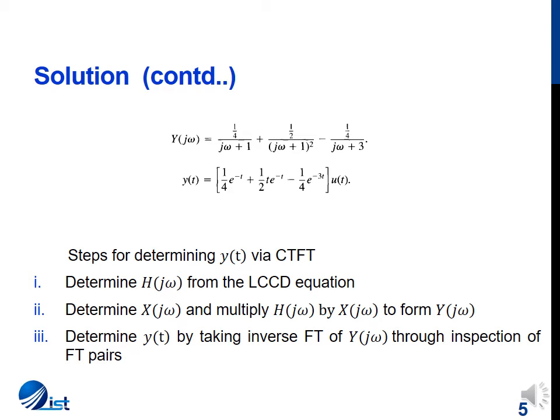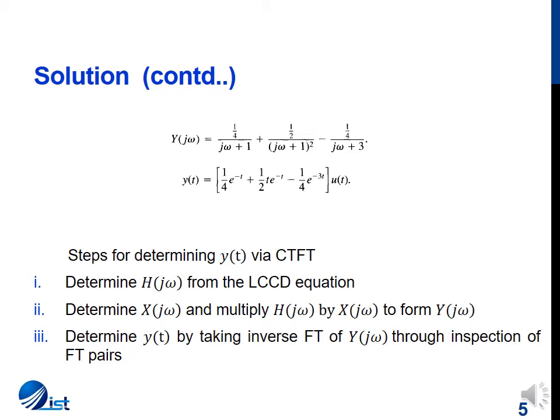In the third step, we have to determine the inverse Fourier transform to determine y(t) by inspection. For the inverse Fourier transform we might need partial fraction expansion. For a first order system you might not need it, but for a second order system you will always need a partial fraction expansion. So you break down the products into sums and take the inverse Fourier transform by inspection.